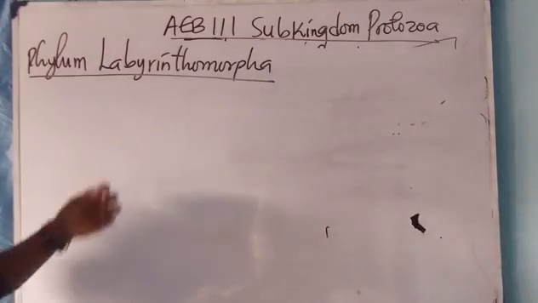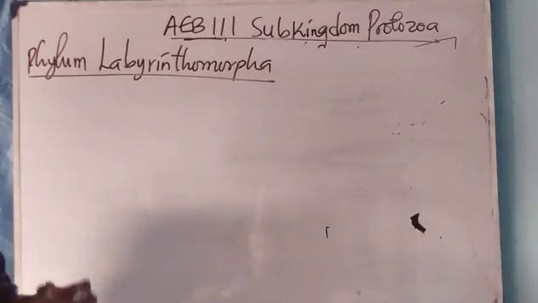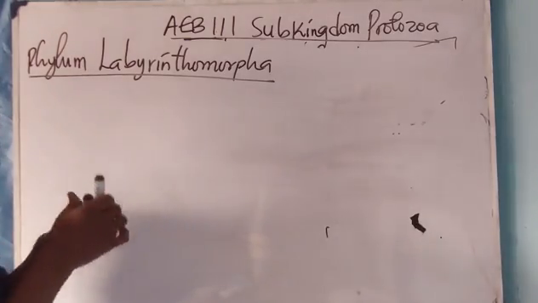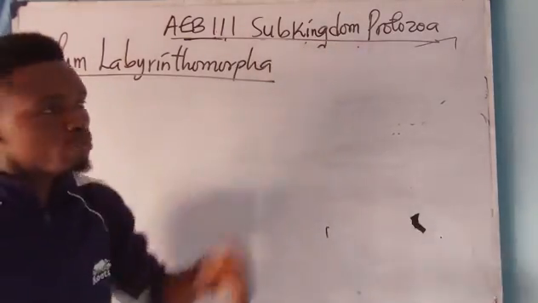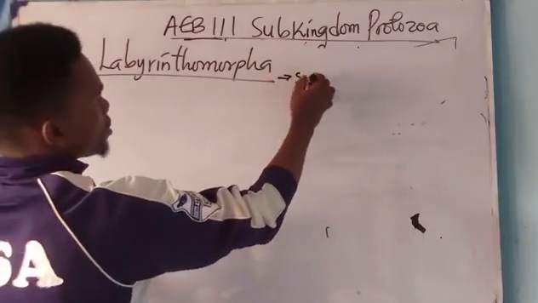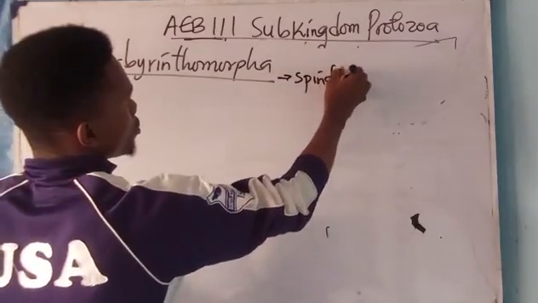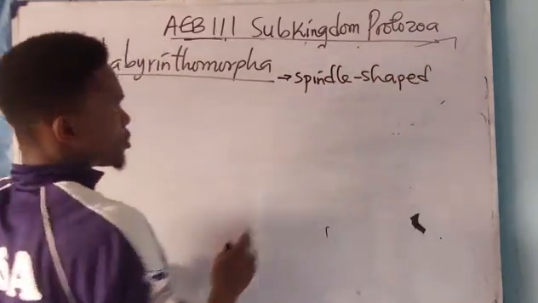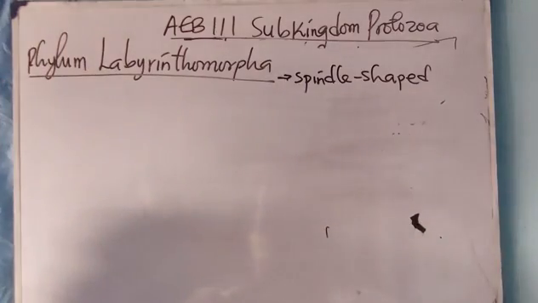Now, Phylum Labyrinthomorpha is a small class, a small group of genera in the subkingdom Protozoa. It is made up of spindle-shaped or spherical structures. Take note of that.